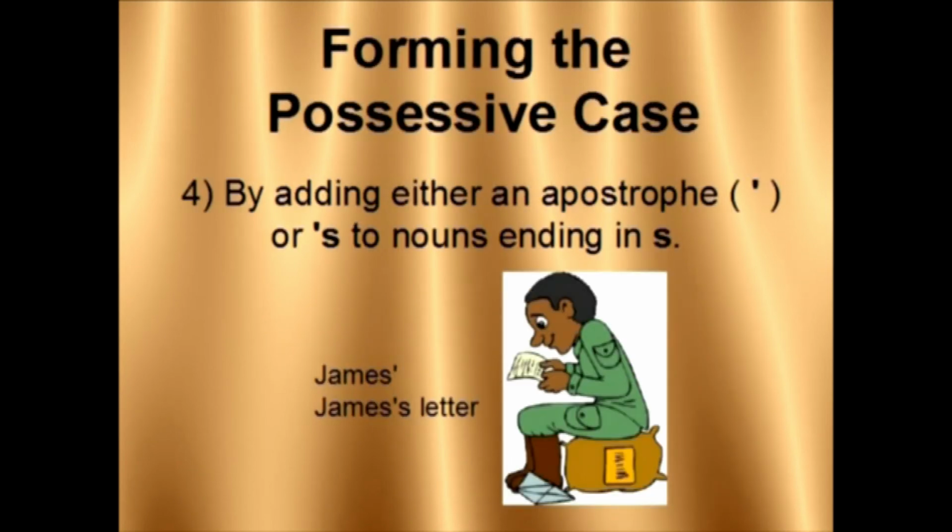Number 4, by adding either apostrophe or apostrophe s to nouns ending in s. For example, James' or James's letter. Both are correct, but using only the apostrophe is preferred, like in goodness' sake.